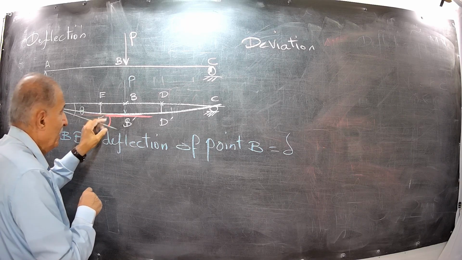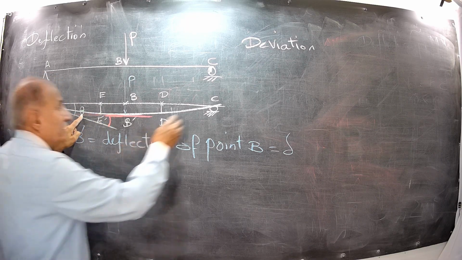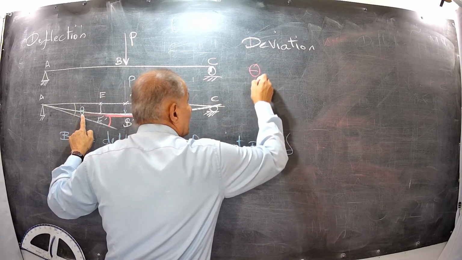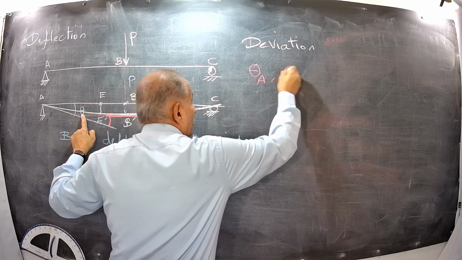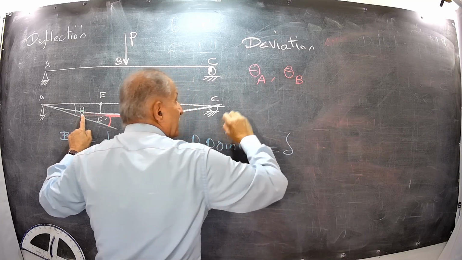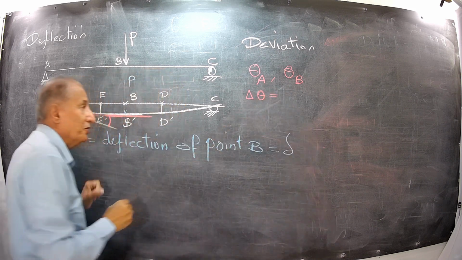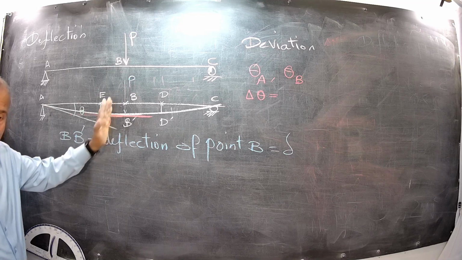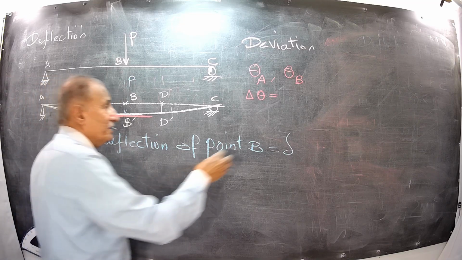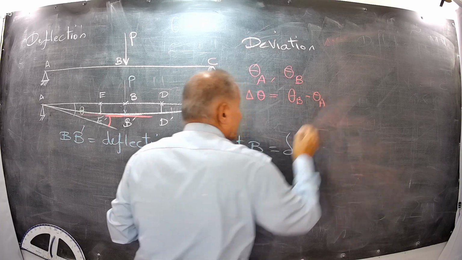For example, here is theta A, and we have a theta B, and delta theta is the change in the rotation, or the slope, between point A and B, which is, for example, theta B minus theta A.